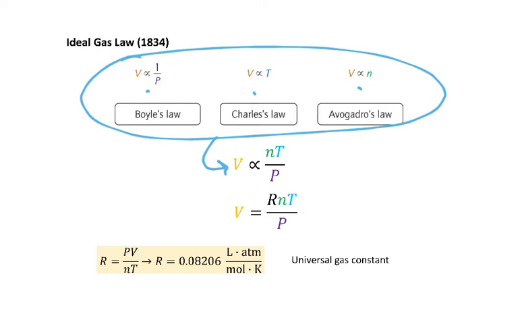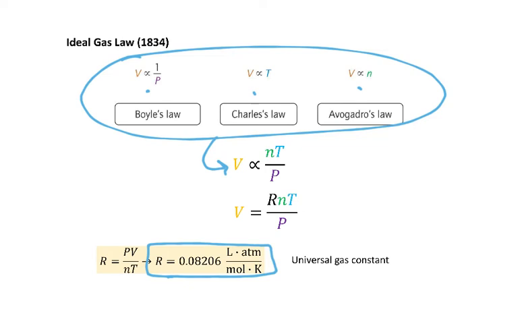And in order to make that proportionality turn into an equality, we have to just have a constant. And so it's R. And R can actually be found if you have a gas where you can measure PV and NT, then PV over NT must equal R. And that turns out to be 0.08206.